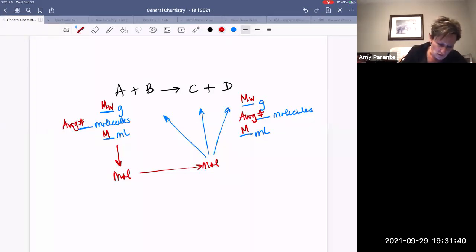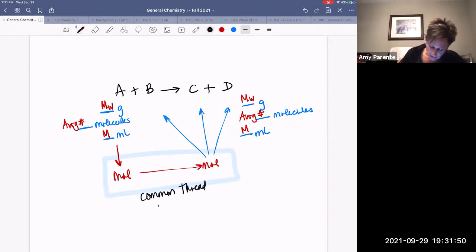So this is sort of the common piece that we always are going to have here. So this is a common thread. Okay, and we need to have a balanced chemical equation in order to be able to use this piece. So does that kind of help see a big picture view of it, Courtney?